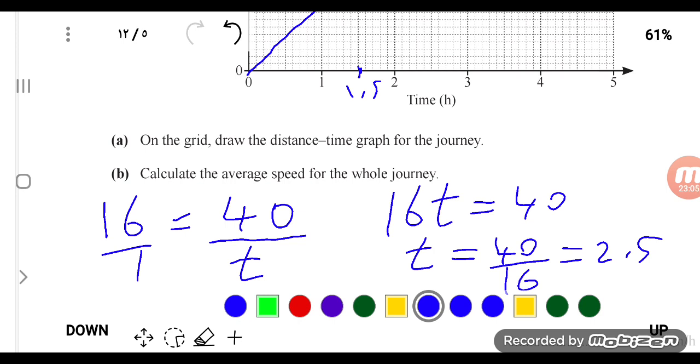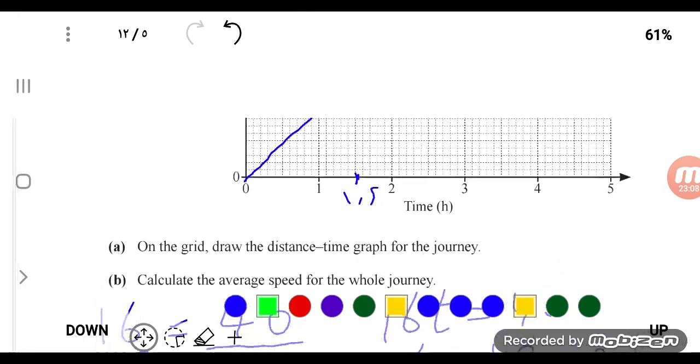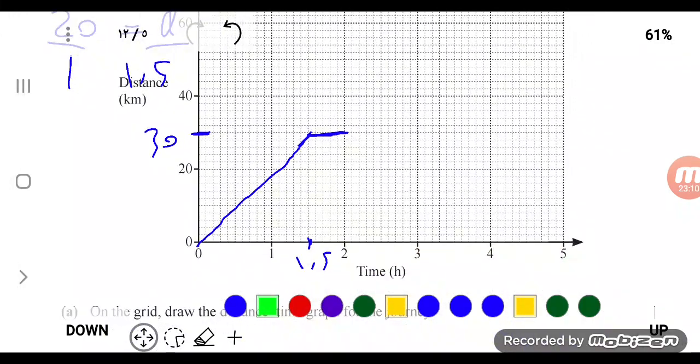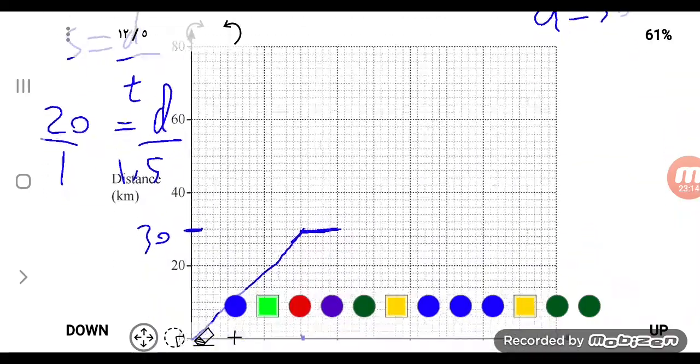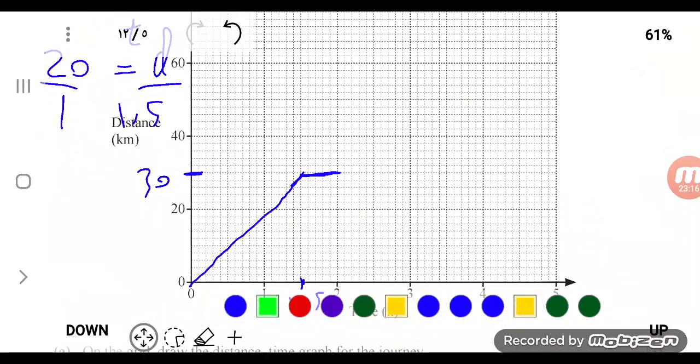Now we do this on the graph. 2.5 hours means she has to reach 70 kilometers, 2.5 hours.